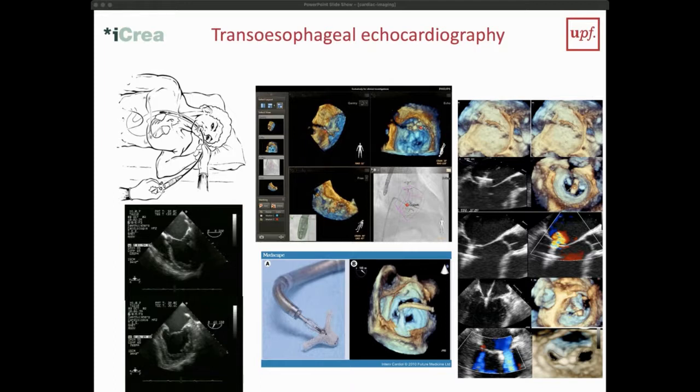So the advantage is we can go closer, we can go at a higher frequency, thus a higher resolution. We don't have the problems of the ribs, of course, and we don't have the problems potentially of the layer of air in between. So in that sense, we get much more detailed and much higher quality images.